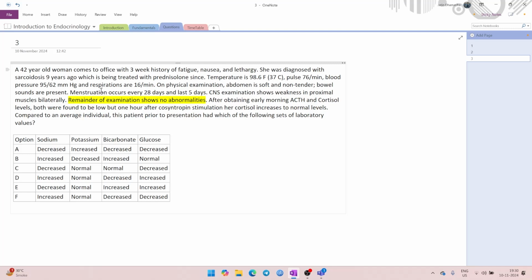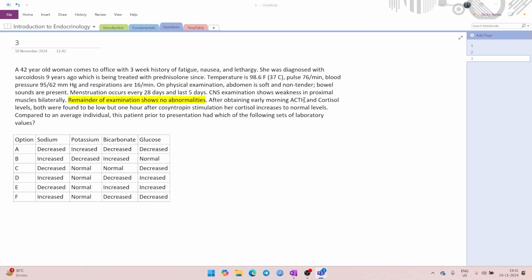For example, if you are suspecting pulmonary embolism and the question says that there is no tachypnea, there is no abnormality in the respiratory system at all, then it is not likely a pulmonary embolism. If there is normal saturation, normal respiratory rate, it is not a pulmonary embolism. They will present it like this, that the remainder of the examination shows no abnormalities. So you also have to keep this in mind and decipher this according to your options.